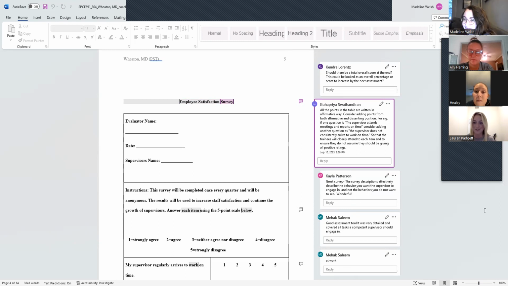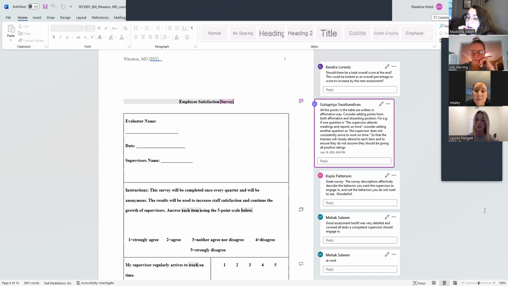I was actually going to say for this one, I don't know if this could be up for discussion, because personally I got feedback in my own individual assignment where I didn't change it to all positive affirmative statements, and the professor commented that you could consider changing it to all positive statements.